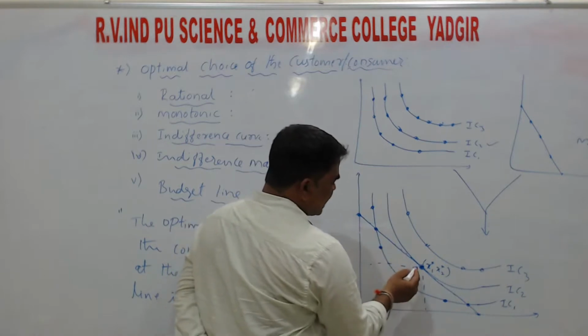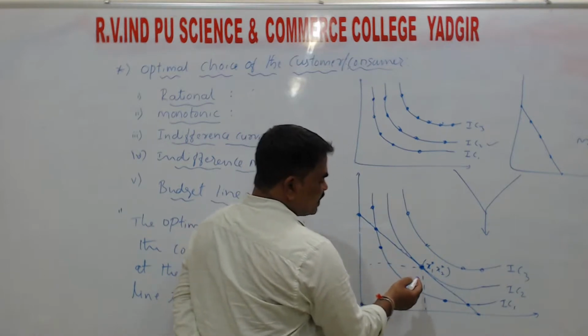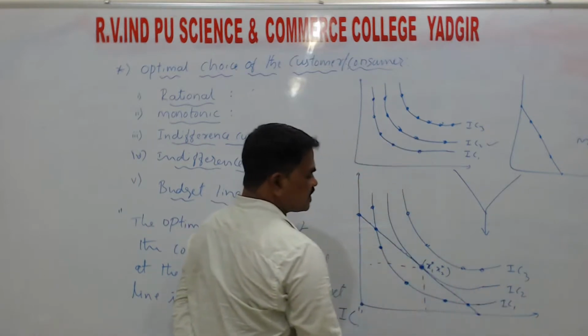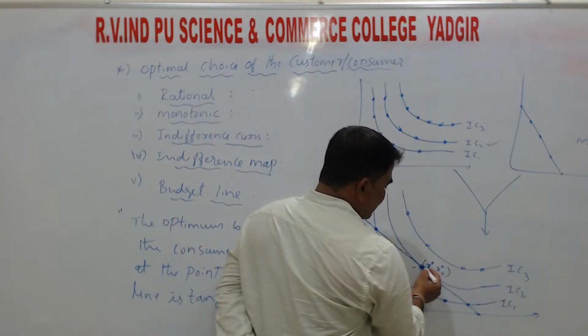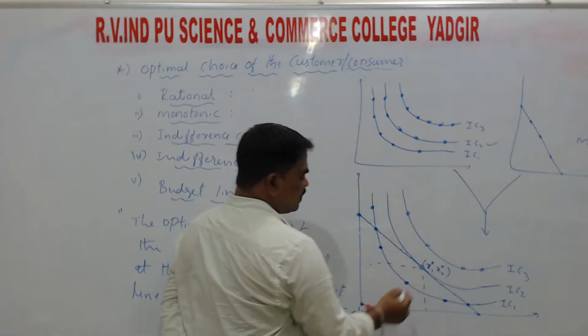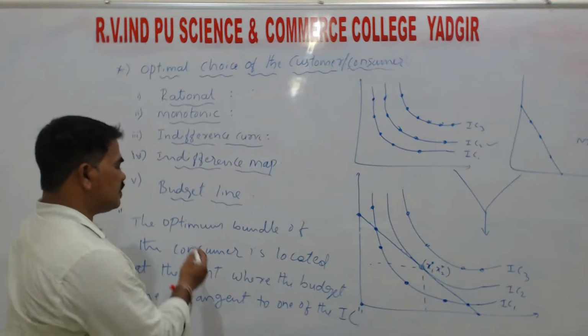Which IC curve is the budget line tangent to here? It is indifference curve 2. The budget line is tangent to IC curve 2, and that is where we get the optimum bundle.